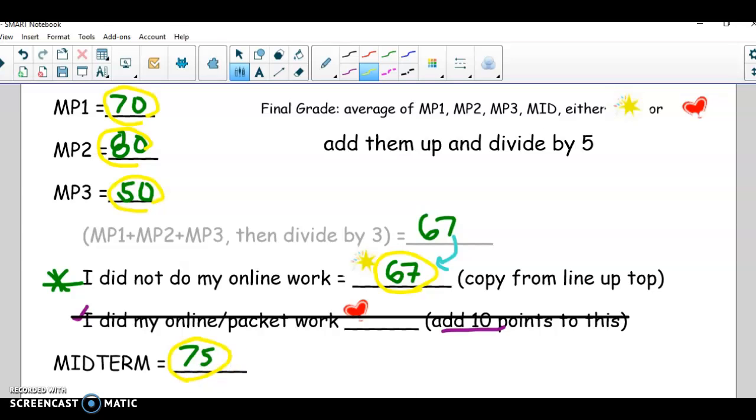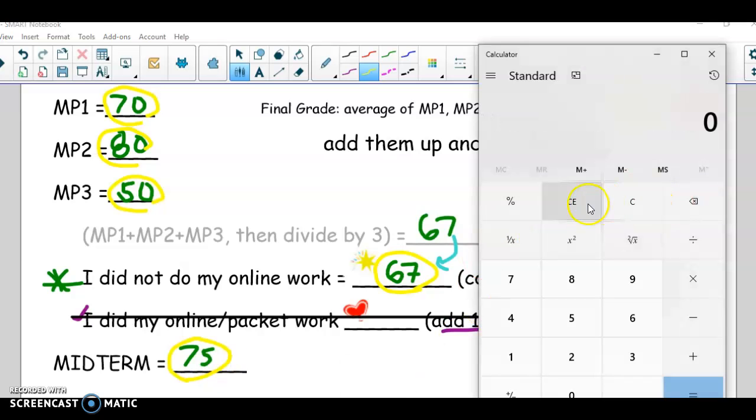Let's add them up and see how many there are. So it's 70 plus 80 plus 50 plus 67 plus 75 divided by 5. Now something's wrong with that because I should have more than a 42% if that's what I did.